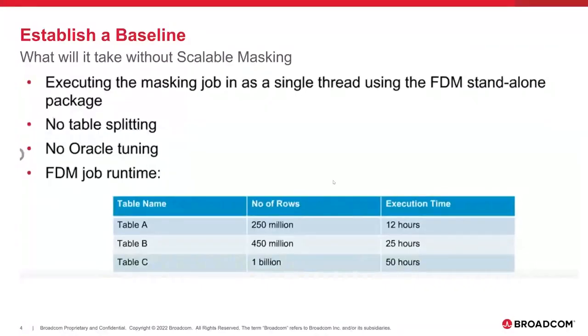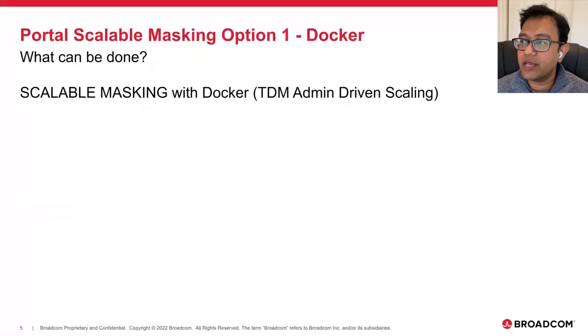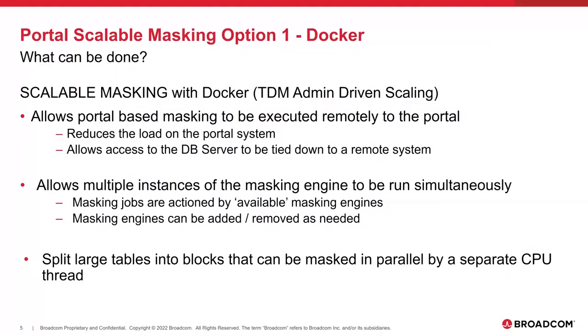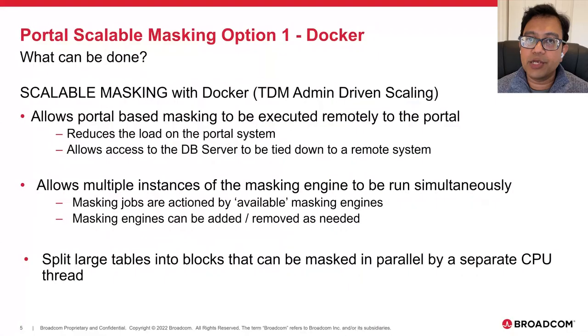What we have done is we have two options. One, we can implement a Docker-based scalable data masking, in which we deploy a manually scaled out and manually scaled back version, where individual Docker containers can host multiple data masking FTM engines. This allows your masking engine to be distributed from your actual TDM engine.